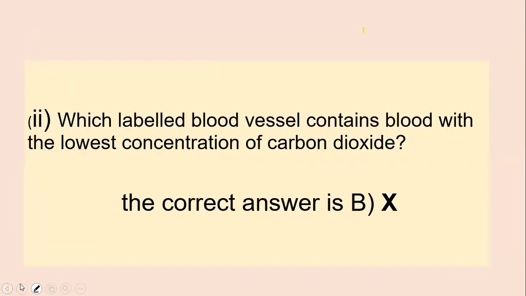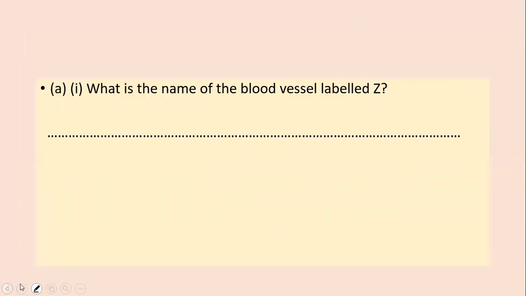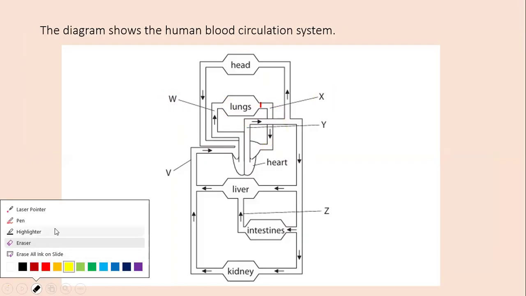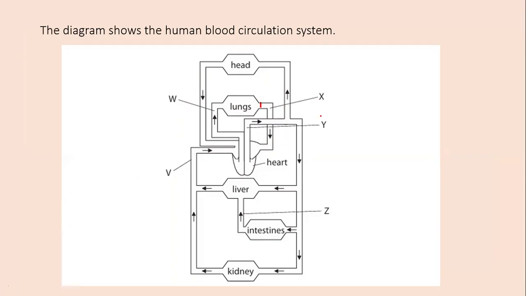So what is Y? It is coming from the left ventricle, so it is the aorta. The aorta is an artery.